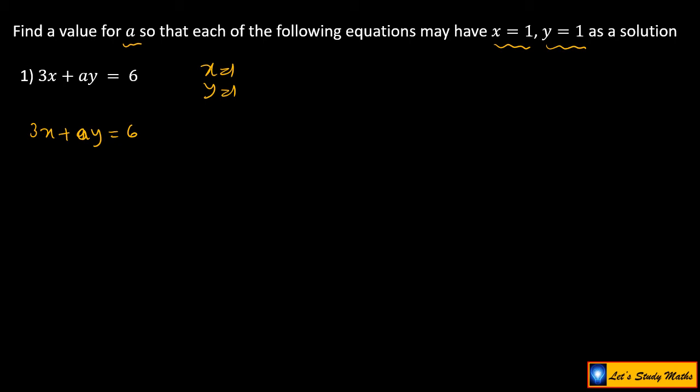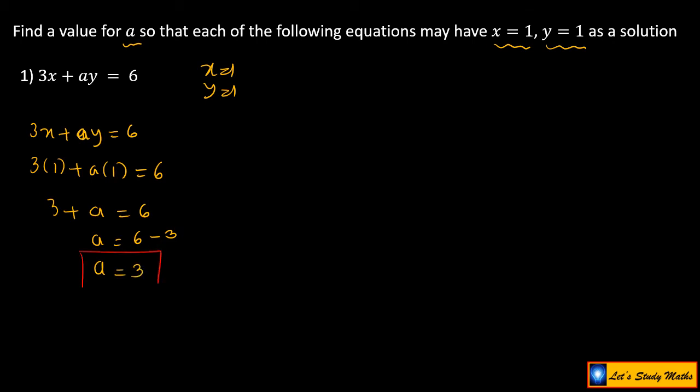So we'll fill the values. 3 into 1 plus a into 1 is equal to 6. So it is 3 plus a is equal to 6. a is equal to 6 minus 3. So a is equal to 3. So we got here a value. So a value is 3.